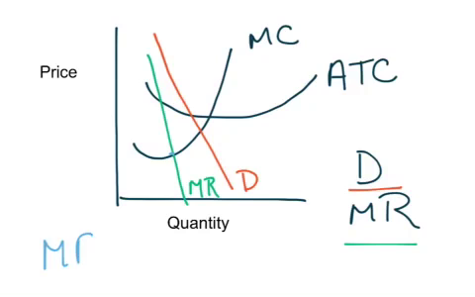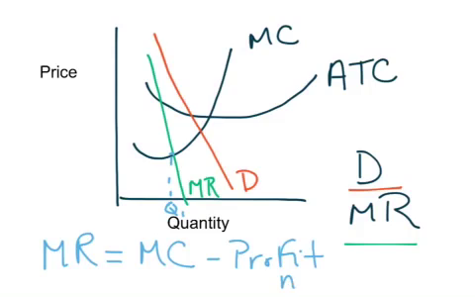So where MR equals MC, this sets the quantity 1, which gives us the profit maximizing quantity. So that tells us the quantity that they can charge where they're going to be able to make the most profit. But now, the question that I had was, how do they determine what price to charge?